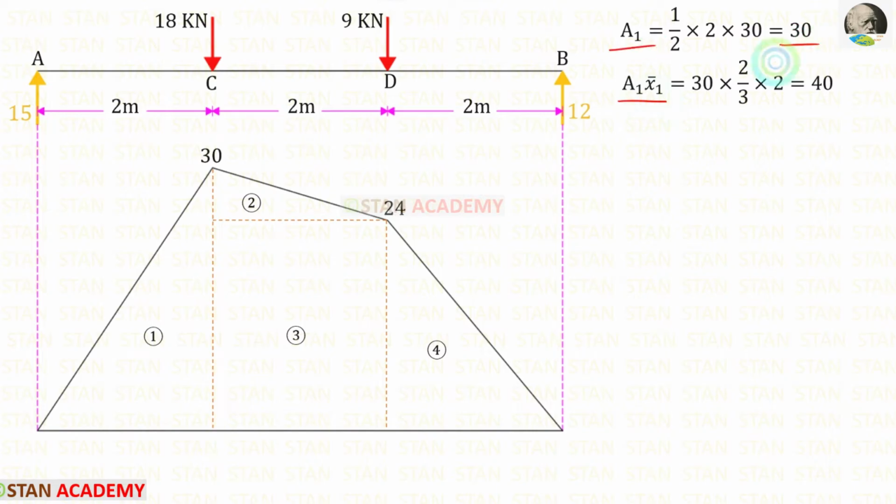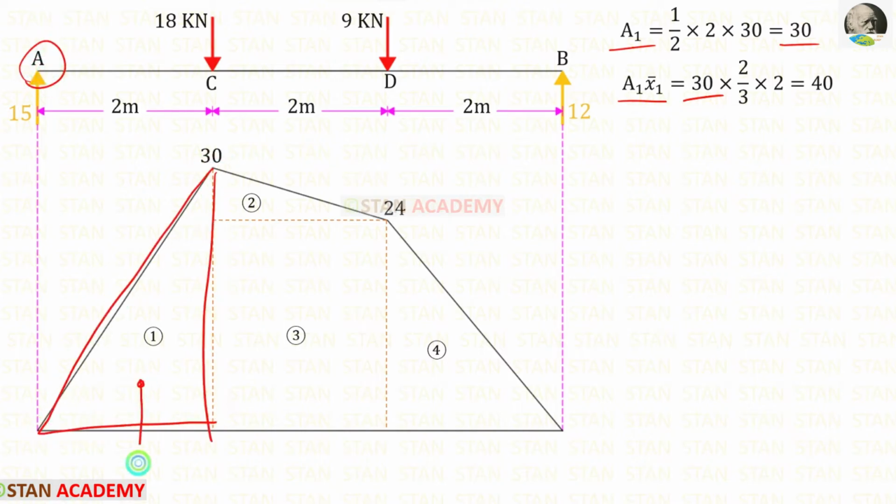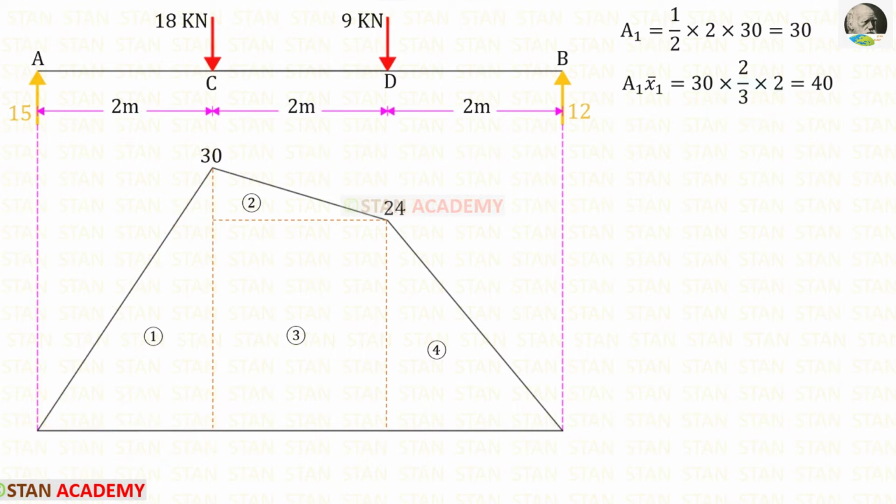We know the area is 30. We are going to find the centroid towards the point A. For this triangle, the centroid towards the left is 2 by 3 into B. Here B is 2, so 2 by 3 into 2. Finally, for area 1 x1 bar, we will get 40.